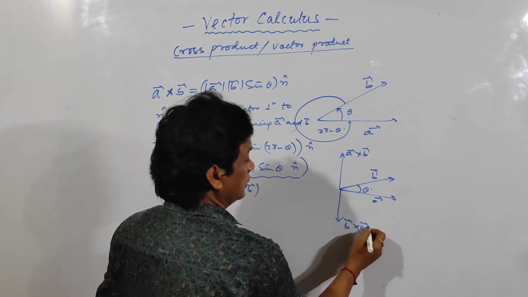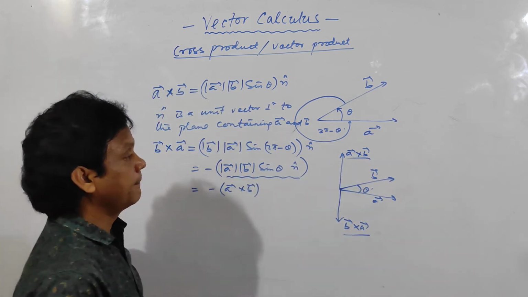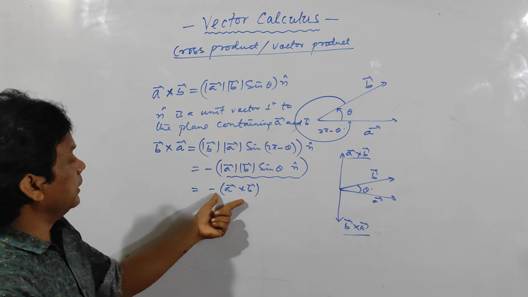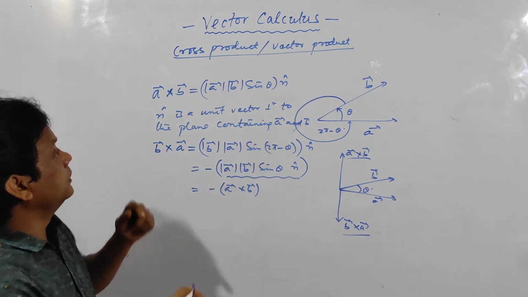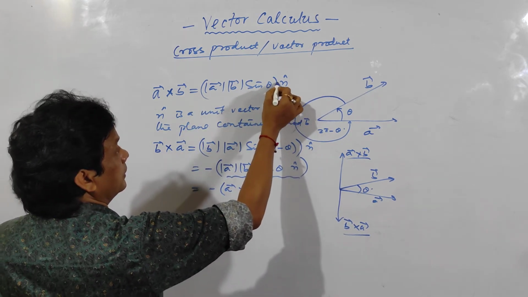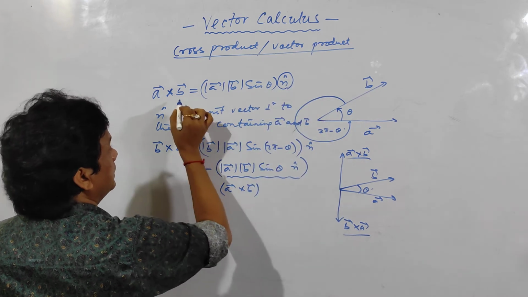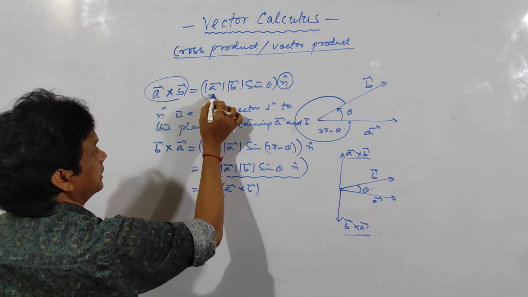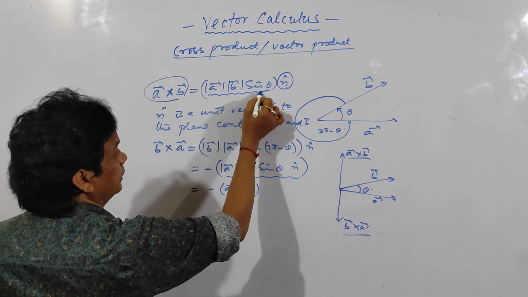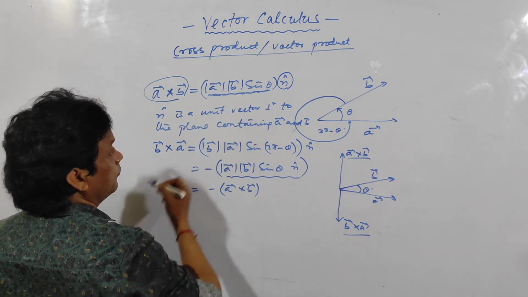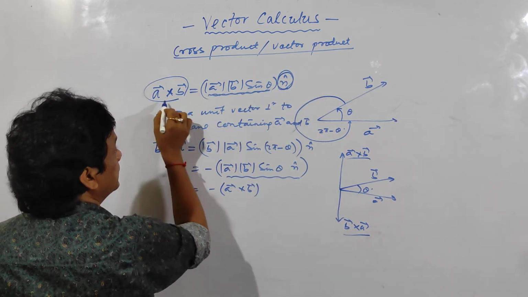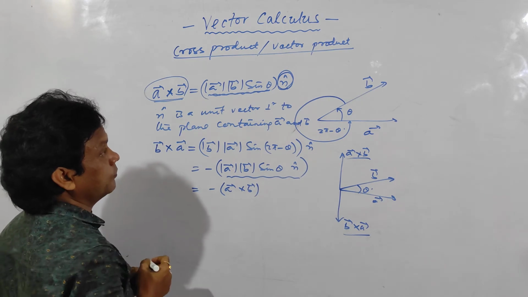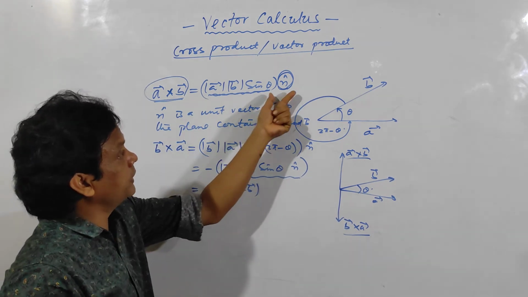B cross A, here. And what is the value of n cap? Here, see here. The direction of n cap is same as that of A cross B, because within the bracket, the quantity is a scalar quantity. So the direction of n cap should be same as that of A cross B. Here. So how to find out the value of n cap?